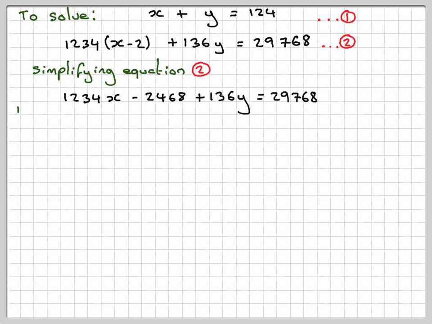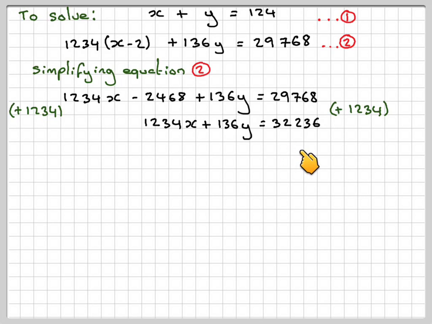So now adding 2,468 to each side, we've now got 1,234x plus 136y, and then adding 29,768 to 2,468 gives 32,236.